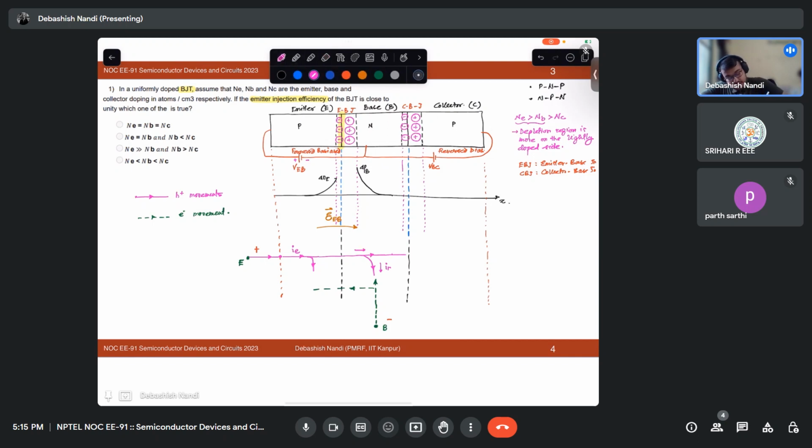Let us call it IEP. What will happen at these points? They will recombine.